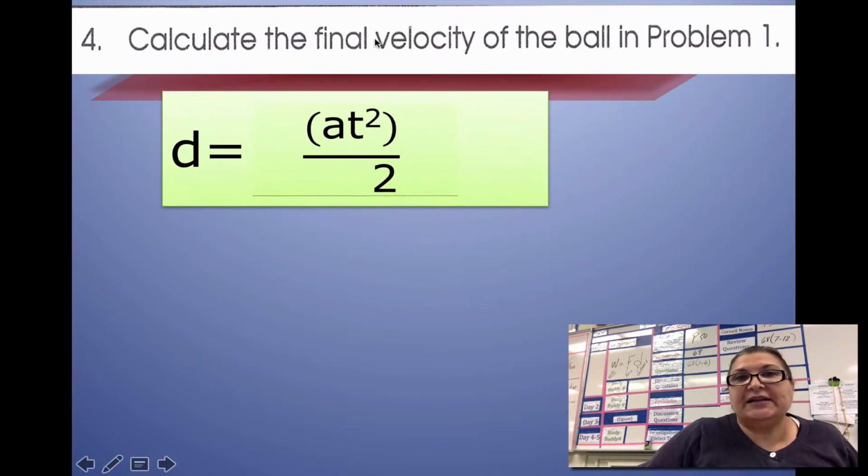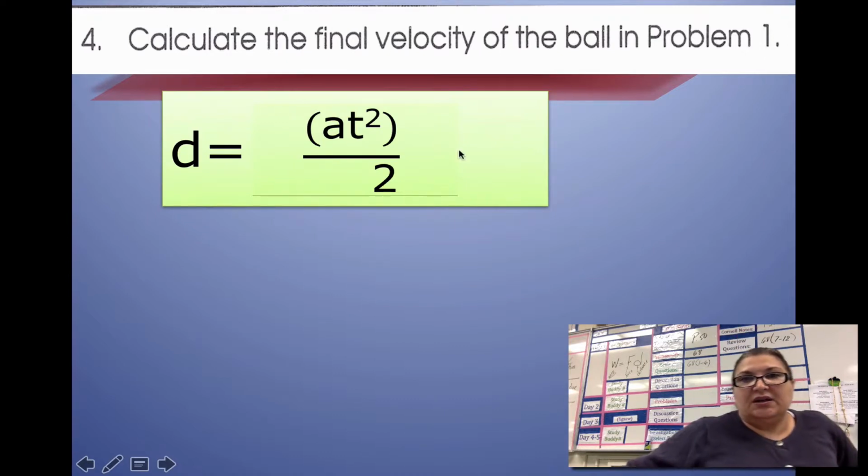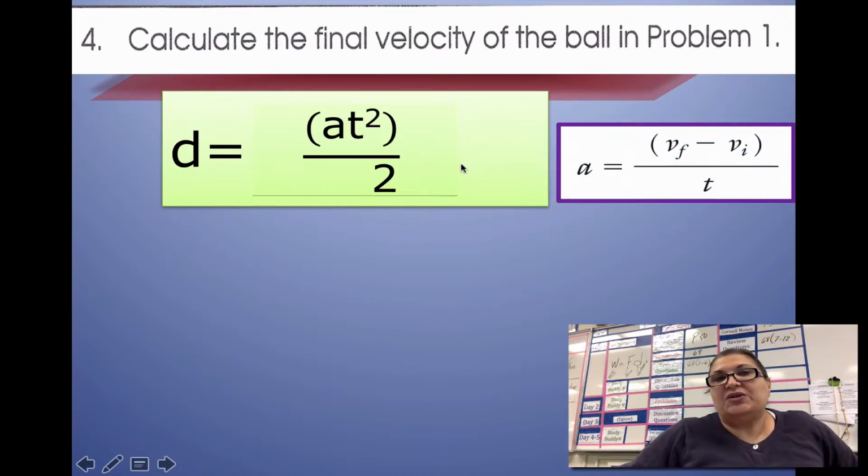Number 4, calculate the final velocity of a ball in problem 1. Now, I'm going to derive this. I don't expect you to derive it, but I just want to show you how we got it. We start with the distance equals acceleration t squared over 2.